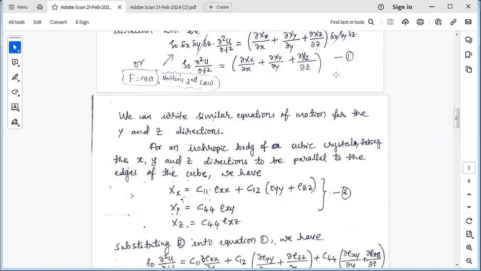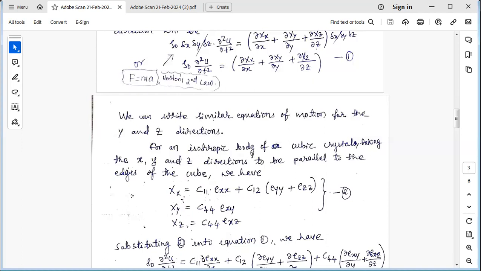This is all we worked out for the stresses acting along the x-axis. We can write similar equations of motion for the y and the z directions. This is the equation of motion in the x direction; that's why you can see x here, which indicates that we are in the x direction.